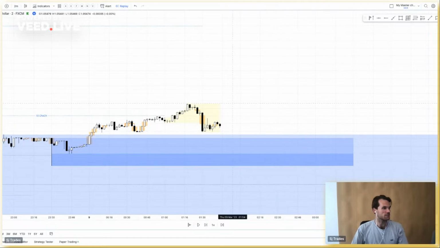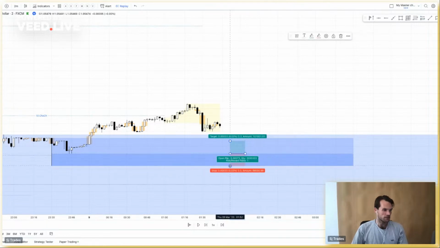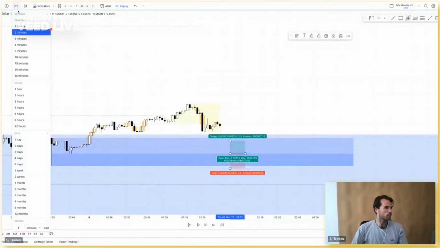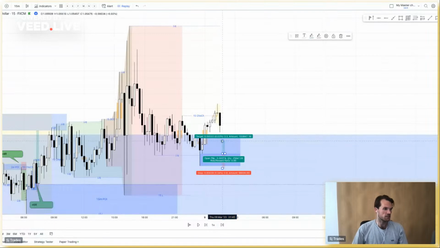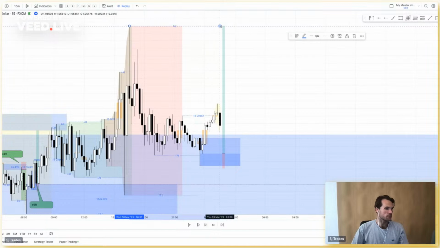Oh, that's a short. One more. Okay, and I guess break the high. I don't know why this is labeled liquidity. Maybe that's what I changed before.